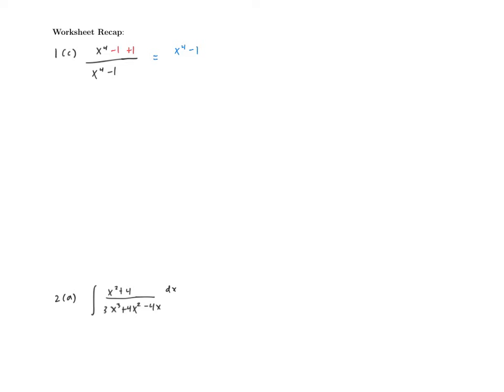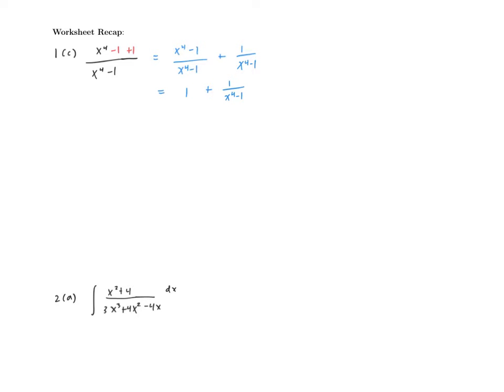You have the first part, x to the fourth minus 1 over x to the fourth minus 1, plus the second part. So we would have 1 plus 1 over x to the fourth minus 1, which, as we will see in a moment, is exactly what you would get with a polynomial long division.